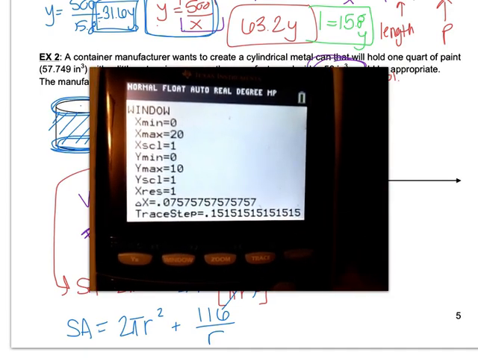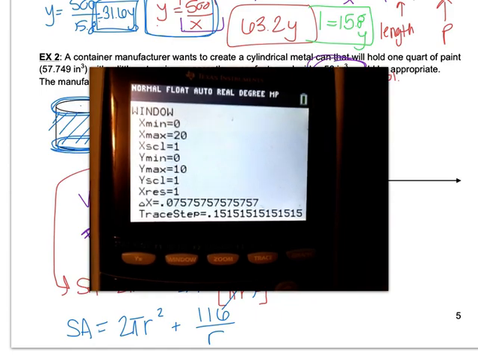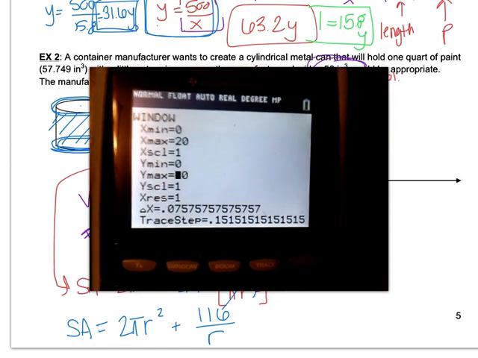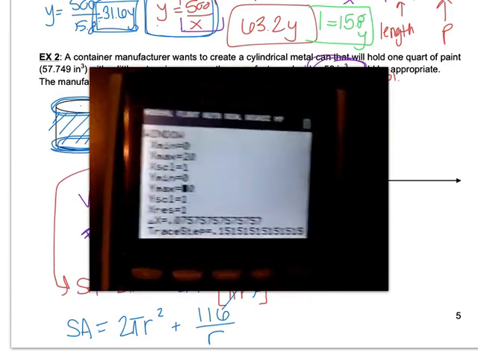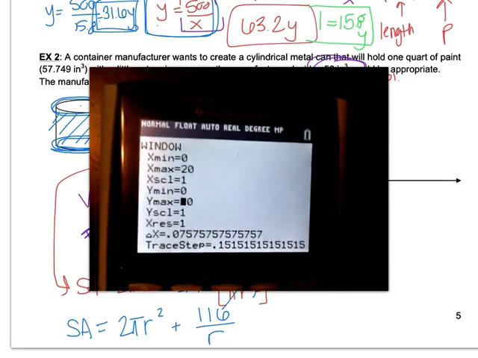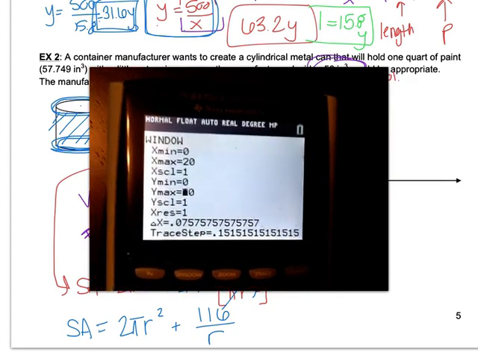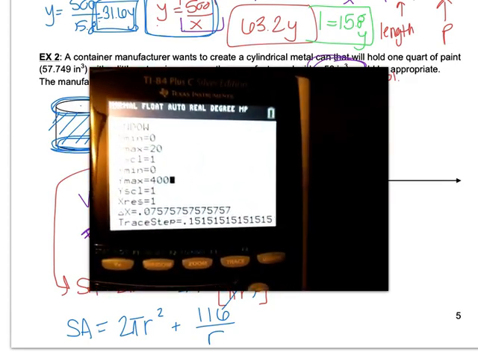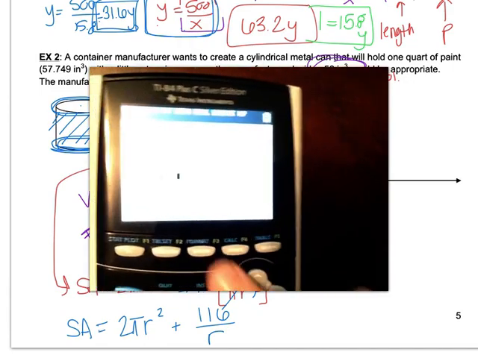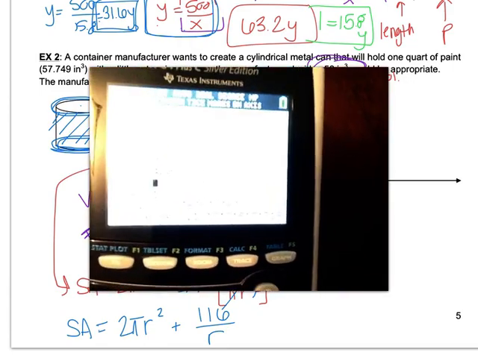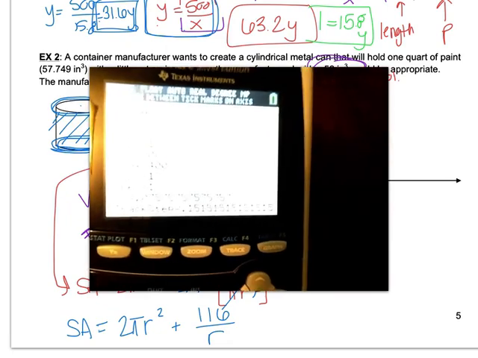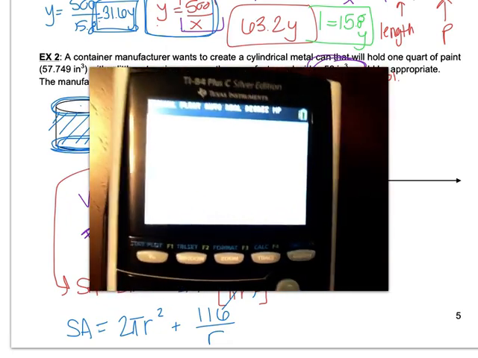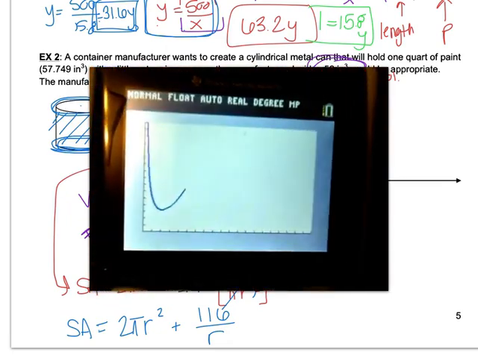And then my y min, remember that's representing surface area. I'm going to start at 0. As far as my y max, I'm not totally sure what that surface area might be. I'm just going to pick a pretty high number and see if I can get a good image. And I'm going to change my scale to 25. So let's see if that produces a graph.